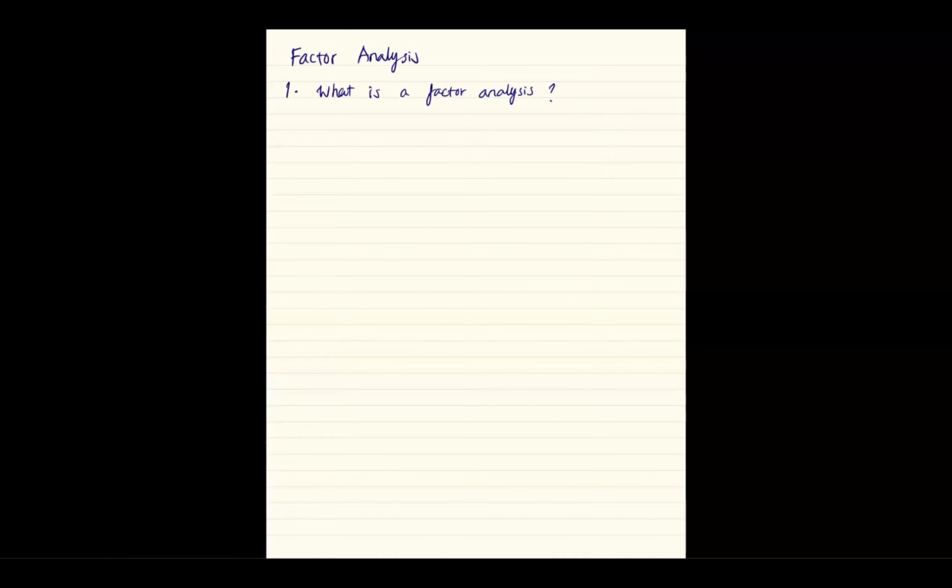Factor analysis is normally used to test whether certain factors or certain items are related to our objective.